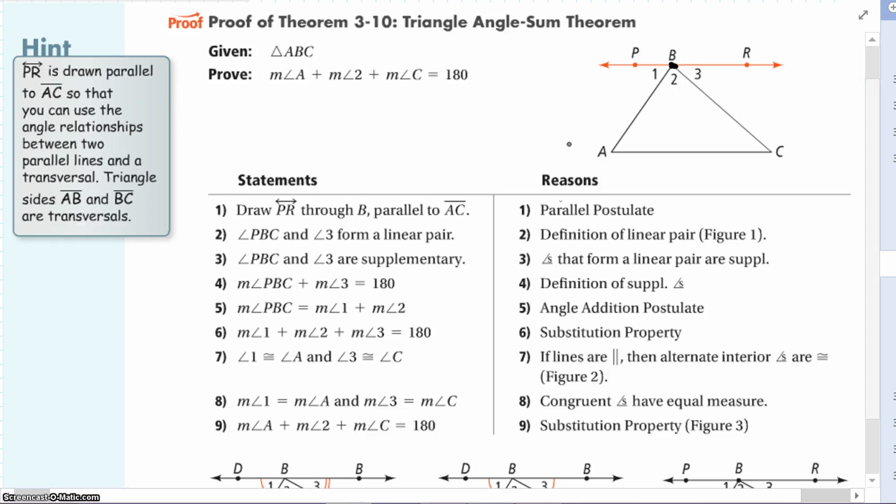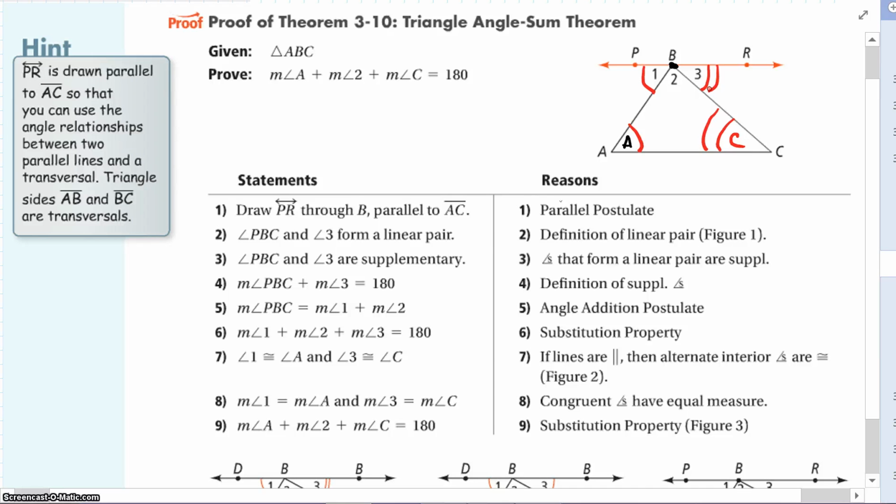So now we can use our angle relationships. All right, so angle A and angle 1 are congruent. Angle C and angle 3 are congruent.